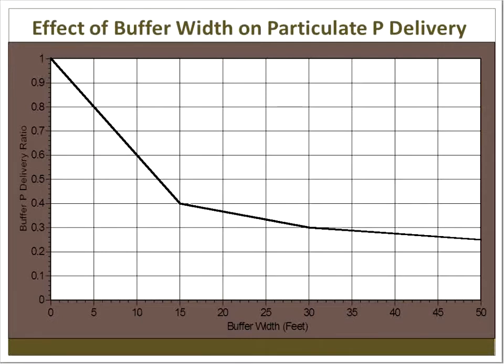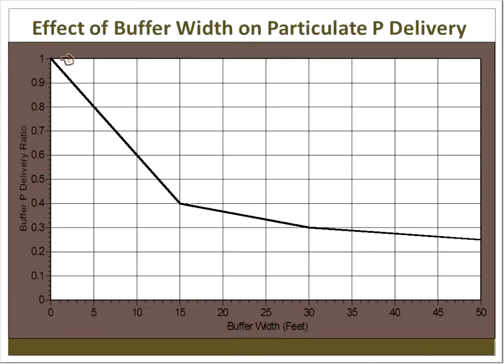The most effective conservation practice we have that is off the field is a riparian buffer. Now, there are conservation practices that you can use to reduce your erosion, but those are separate from actual conservation practices that you have that are off field. So when you look at the effective buffer width on particulate P delivery, you see the buffer P delivery ratio on the y-axis and the buffer width in feet on the x-axis.